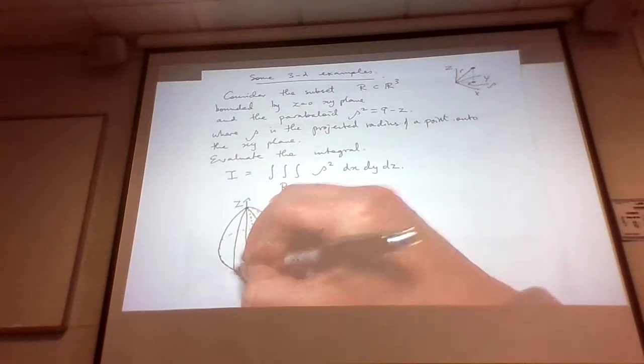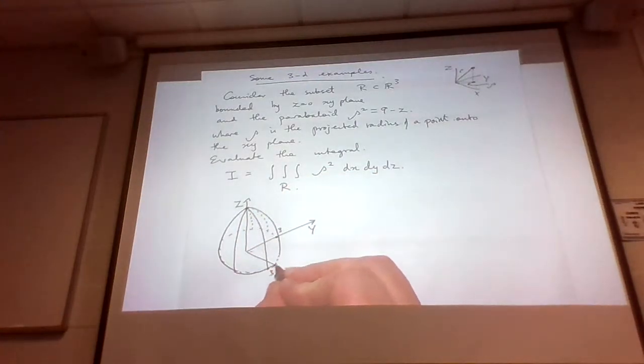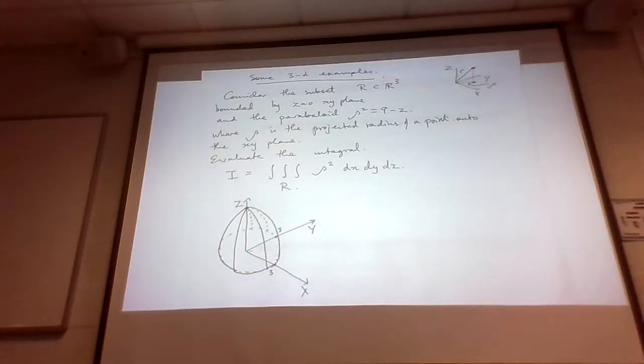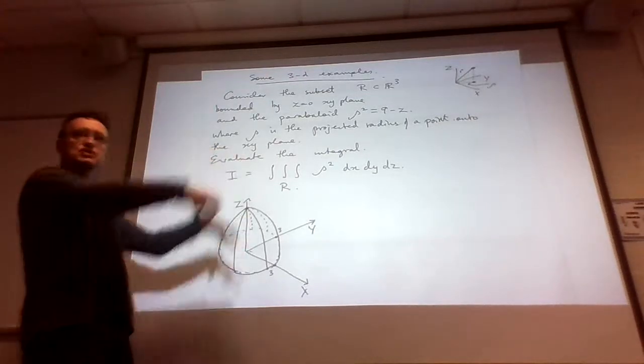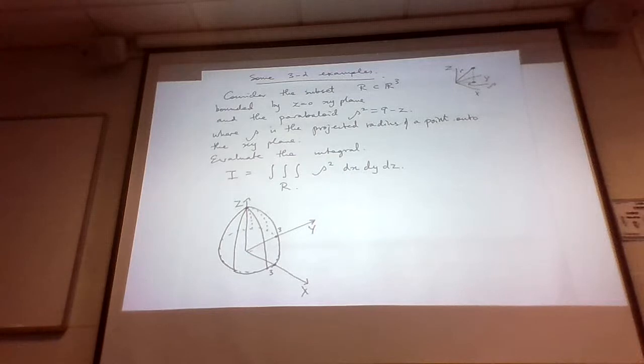So we can see this portion of the surface here. So I'll just draw in now the stuff we can see. So you get the idea. It's this kind of bell-shaped paraboloid.